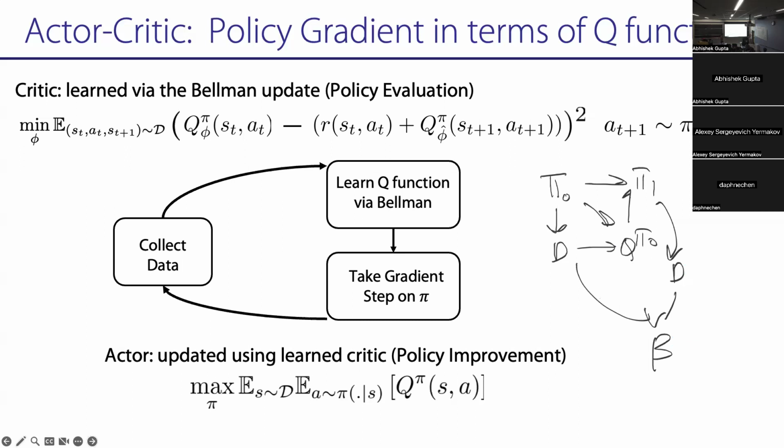I can use all the data so far, and I start from a random policy. I evaluate it, improve it, sample again, evaluate it, improve it, sample again. So it's like policy gradients, but every time, rather than using the current sum of the rewards, you evaluate this Q function, use it for the policy gradient, and then update your policy.